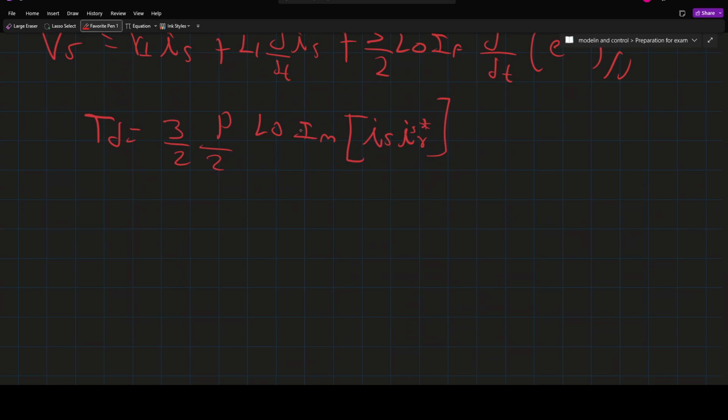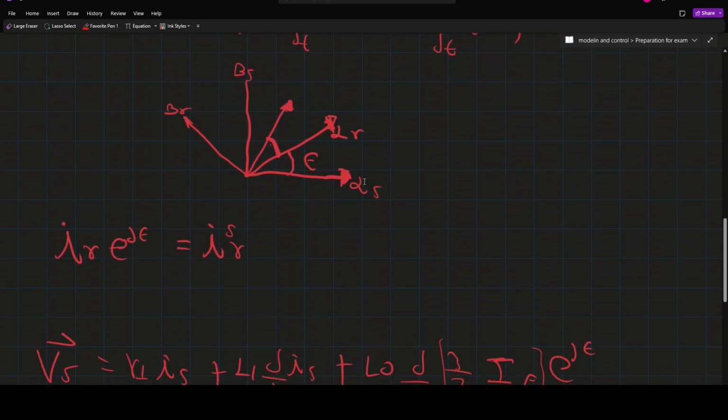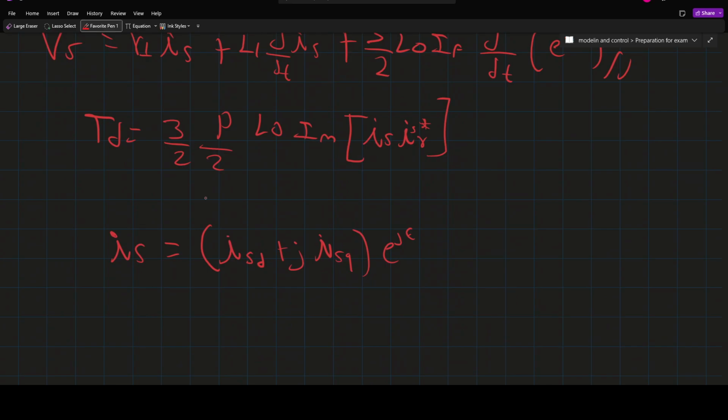Similar to what we did before, we know that IS, our current in the stator reference frame, is equal to our dq components of the current times e to the j angle. This is just like what we did here. So if we do this, when we do our control, we're gonna get to see DC, which is gonna be easier.